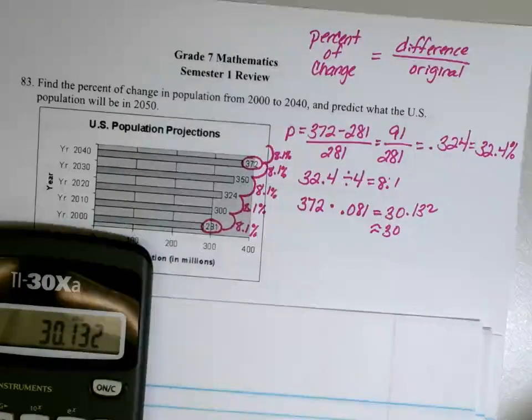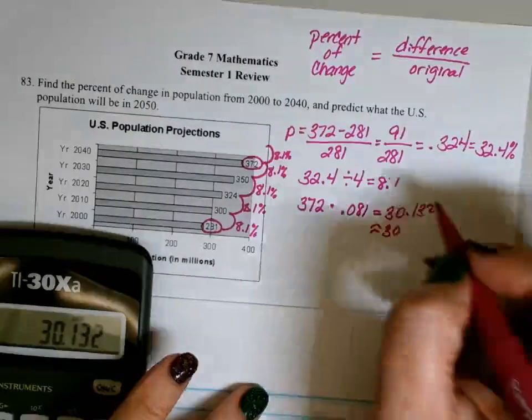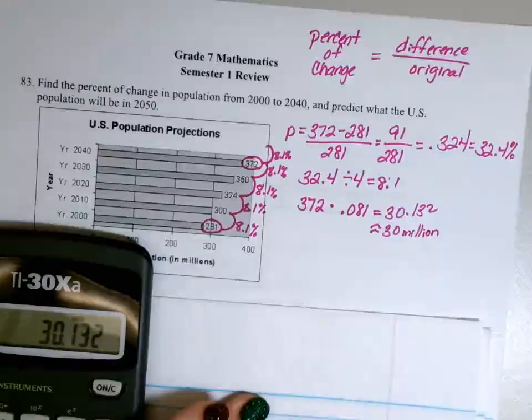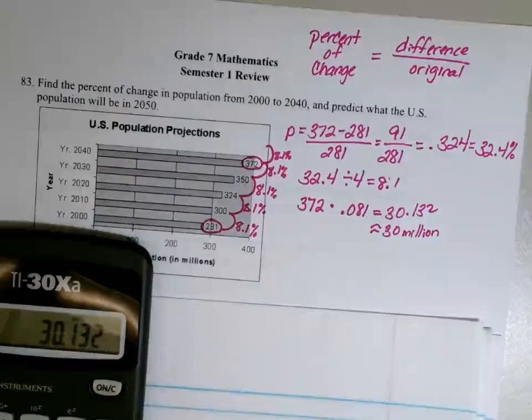How would I figure that out? How many people are we expected to have in 2040? 372 million.